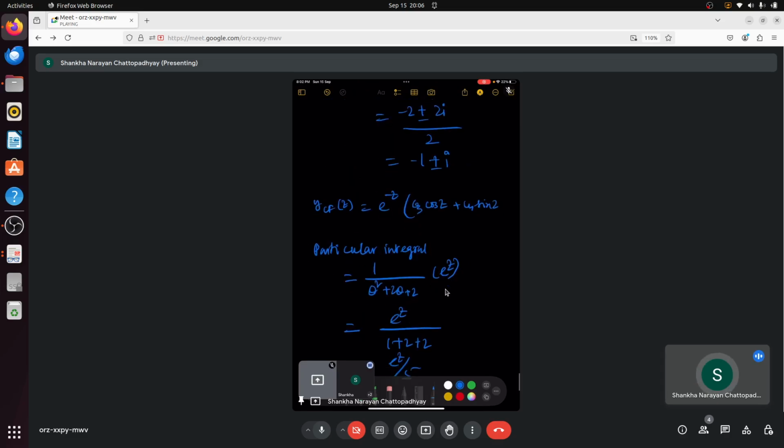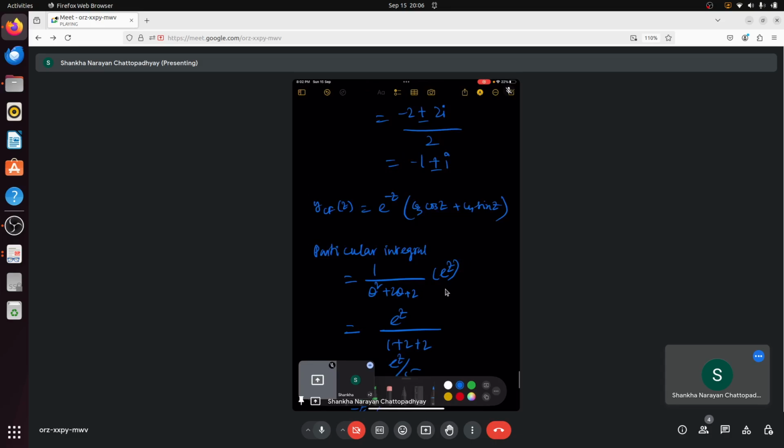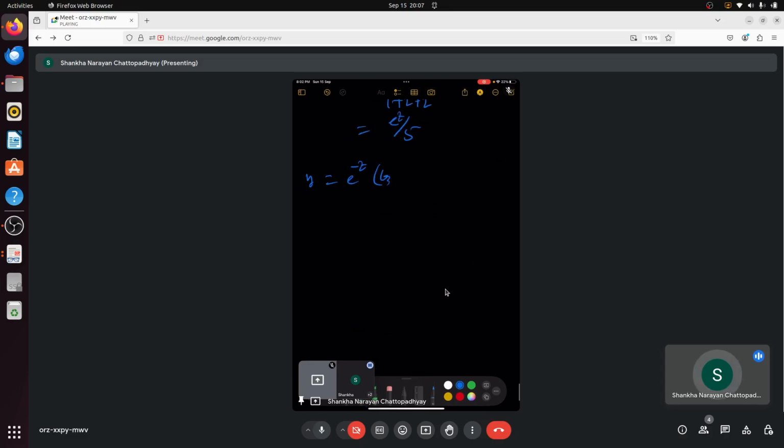So your complete solution will be, your y will be e to the power minus z, this c3 I have just used. You can use another notation also.